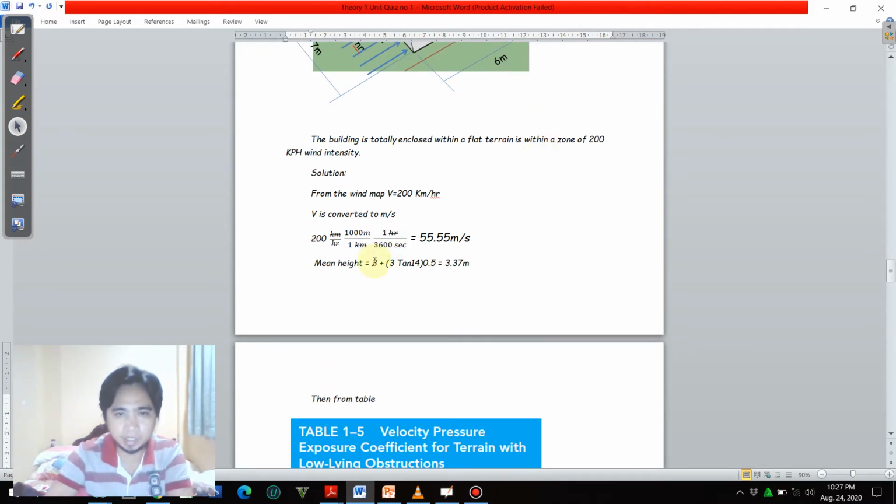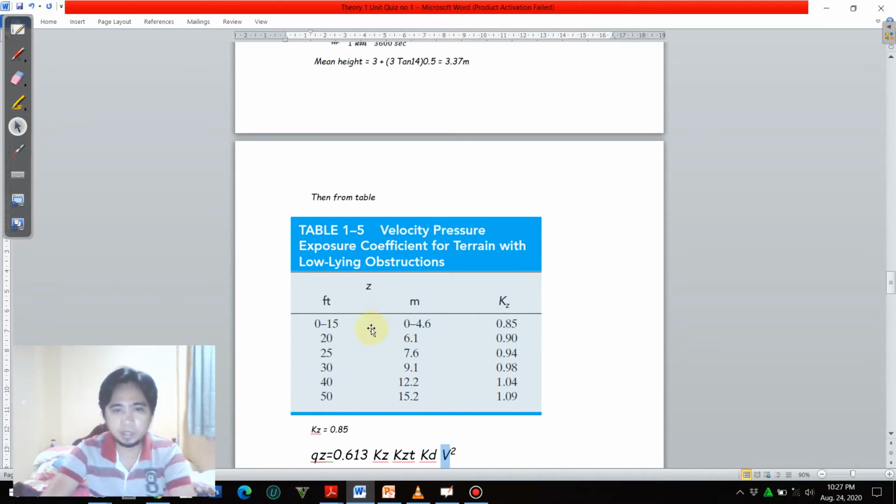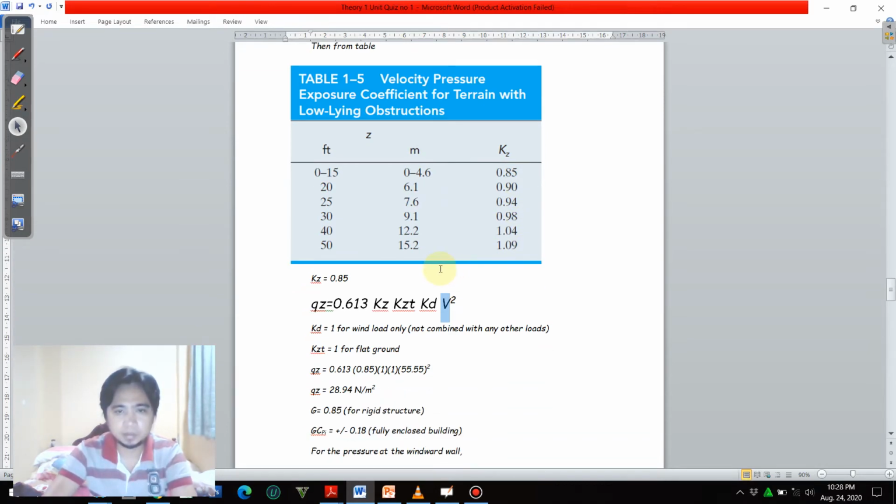So this is the height 3 plus the dimension, multiplied by 50%, or half, to obtain a mean height Z of 3.37. And basing from the table, 3.37 is somewhere at the lower range, 0 to 4.6, then we have a factor of 0.85. So we now obtain the KZ.